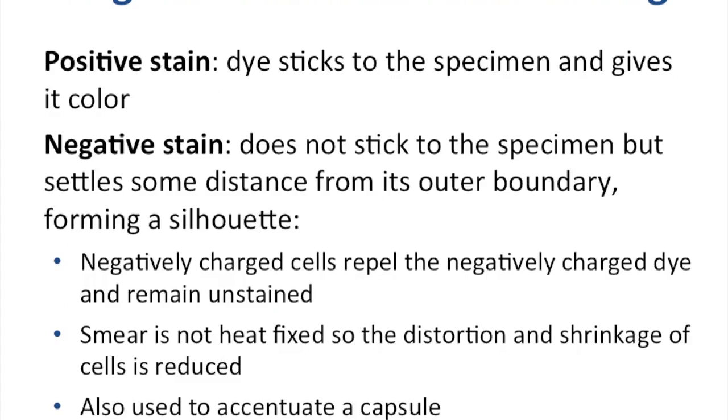This is not a positive or negative charge. Positive stain means the dye sticks to the specimen and gives it color. Negative stain means the dye doesn't stick to the specimen and doesn't color it. For example, a negatively charged cell will repel the negatively charged dye, so the cell will not be stained.